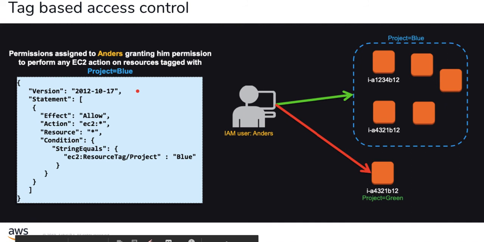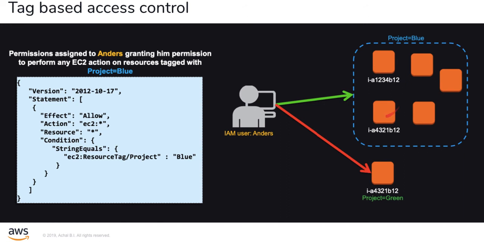So the permission assigned to, in this case, Anders, is that he could perform EC2 actions on resources tagged with project and blue only.